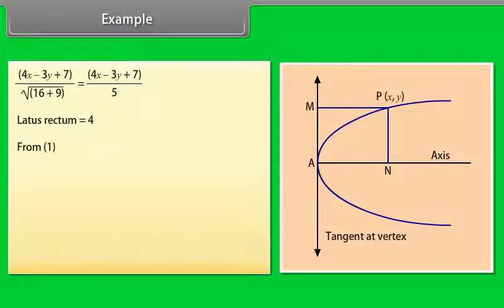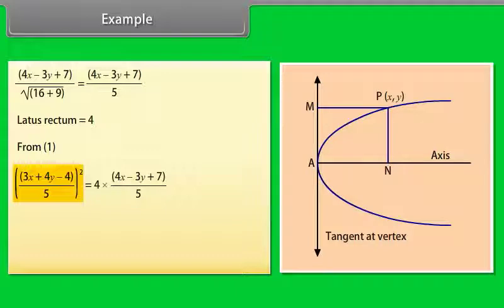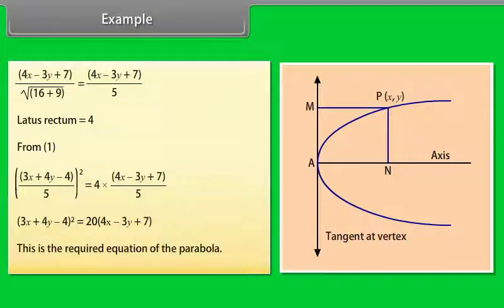From equation 1, ((3x plus 4y minus 4) upon 5) whole square is equal to 4 into (4x minus 3y plus 7) upon 5. (3x plus 4y minus 4) whole square is equal to 20 into (4x minus 3y plus 7). This is the required equation of the parabola.